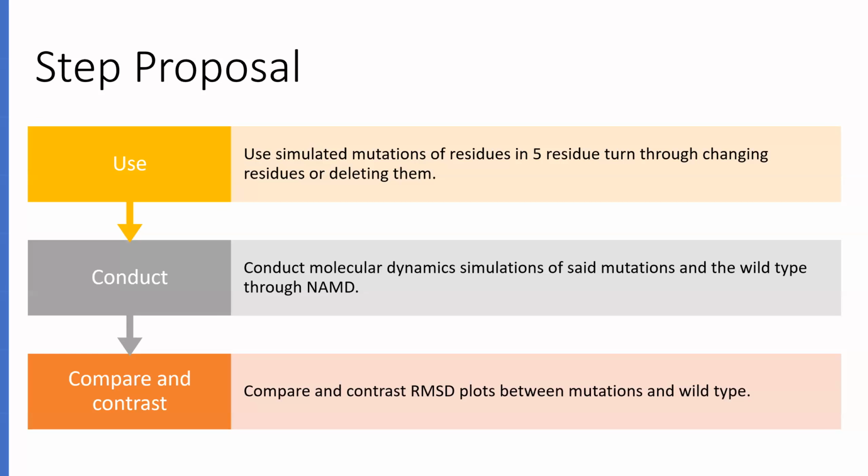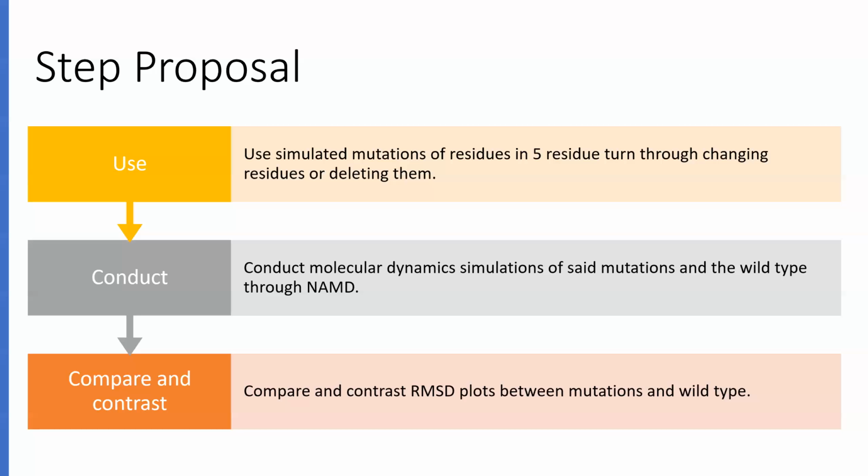So here are my proposed steps for further investigation of the correlation between the analgesic properties identified in the non-core domain of BmK AGAP. And my step proposals for the 5 residue turn, and see what effects may happen from either disrupting or changing or mutating the 5 residue turn, similar to what was done with the C-terminal end.